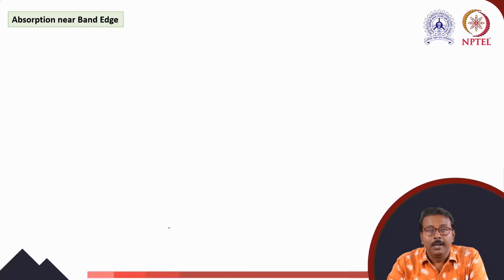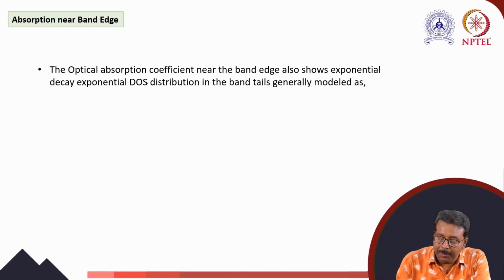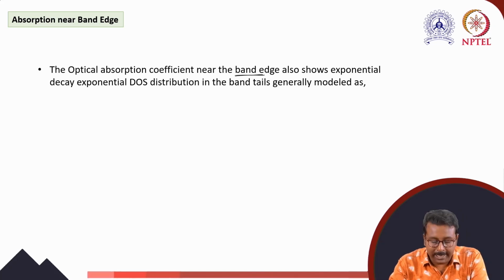Now, absorption. I already mentioned that due to the presence of these tail states, some low energy photons can also be absorbed by the material. And the optical absorption coefficient near the band edge also shows exponential decay, because absorption takes place between a pair of states. It means if light is incident on a material, electrons in a lower energy state may get additional energy and transit to a higher energy state.